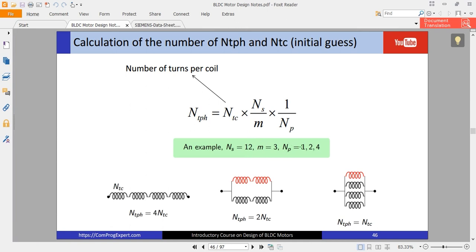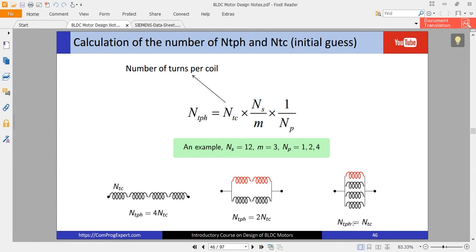Number of parallel paths can be 1, 2, and 4. If we use 2 parallel paths, we have these connections, and the number of effective turns per phase is equal to 2 times NTC. And if we use 4 parallel paths, number of effective turns per phase is equal to NTC.